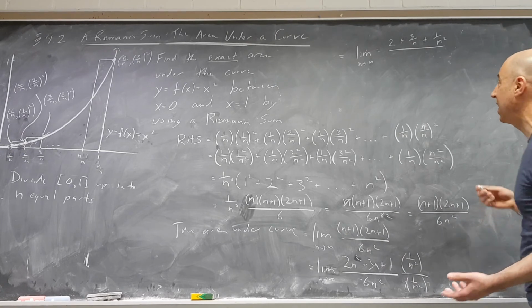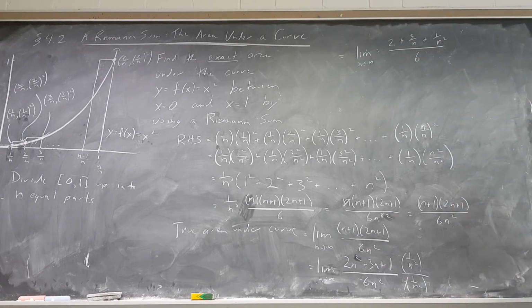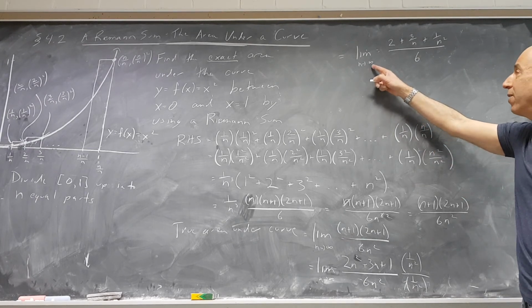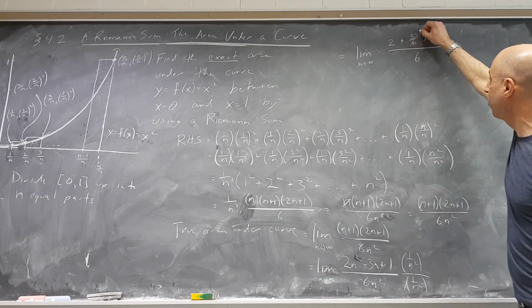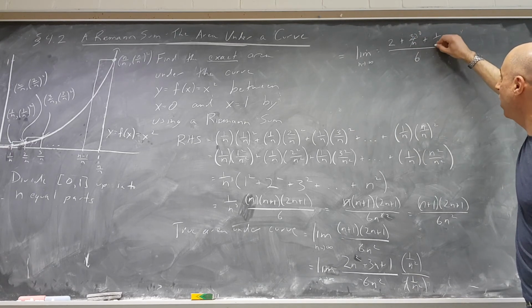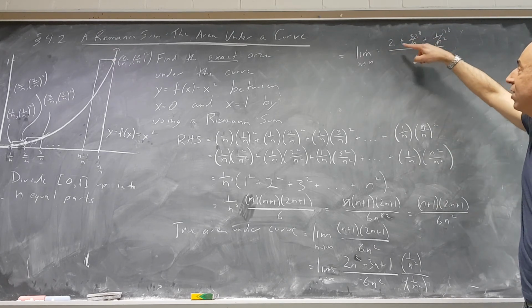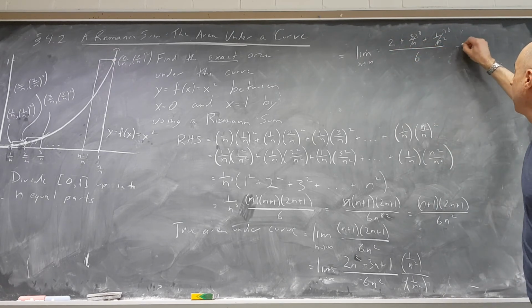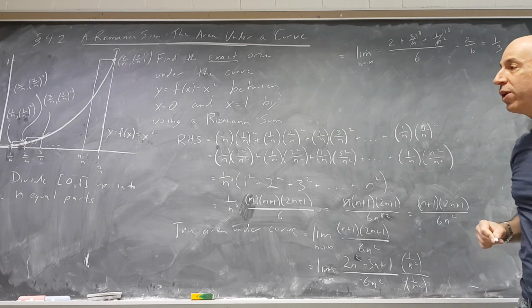The n squareds cancel out. I'm just left with 6. And as n gets bigger and bigger, 3 divided by n gets closer and closer to 0. 1 over n squared gets closer and closer to 0. This whole expression gets closer and closer to 2 over 6, or 1 over 3.